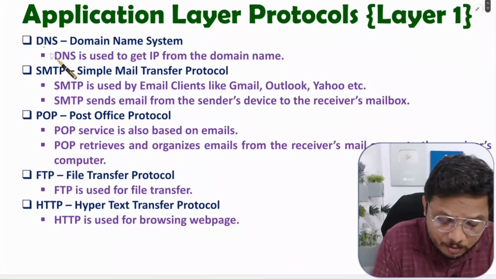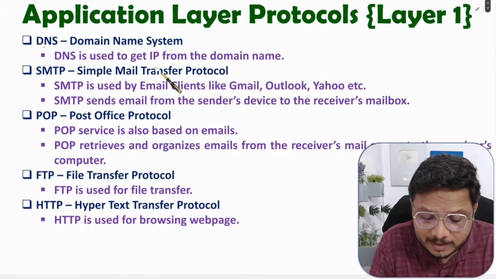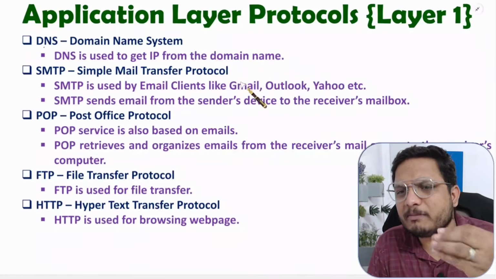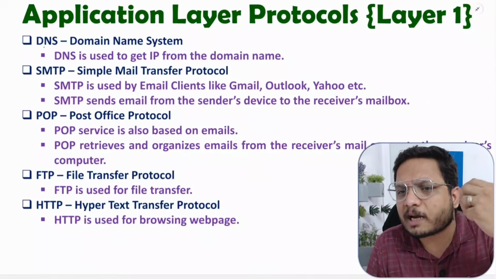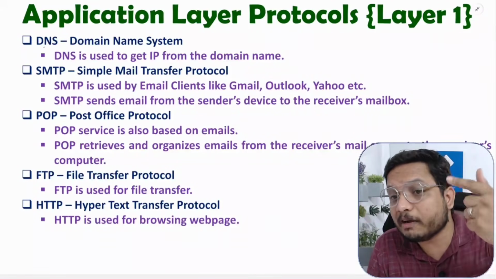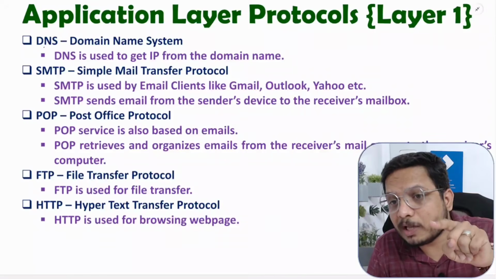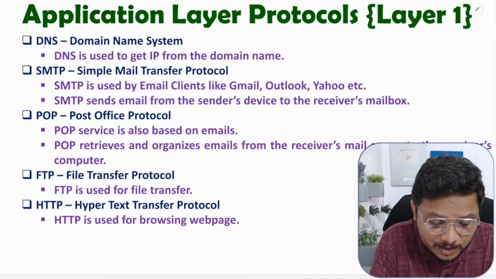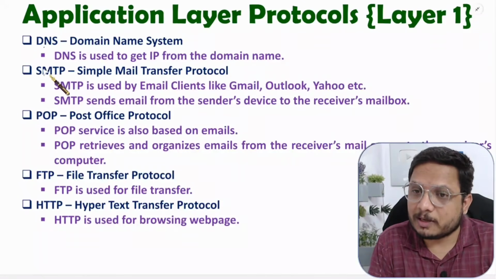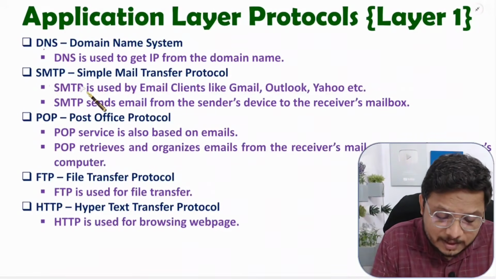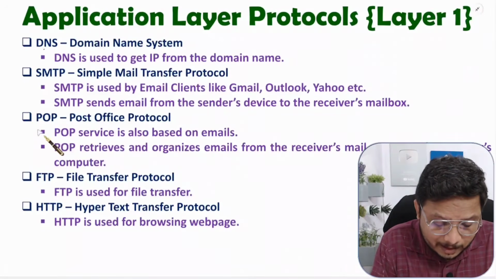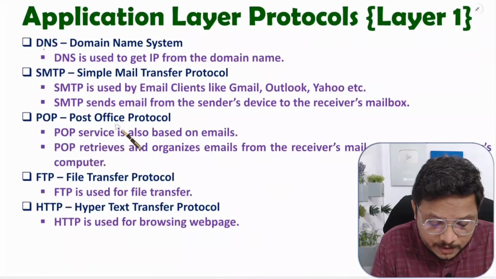So the DNS protocol we use to get an IP address from a domain name. Domain name means Yahoo.com, Google.com. See, these are domain names. But to communicate with Google, you should have the IP of Google, and to get it, we will be using the DNS protocol, right?